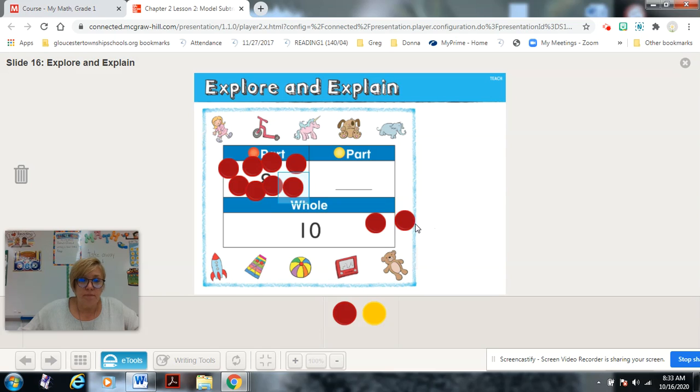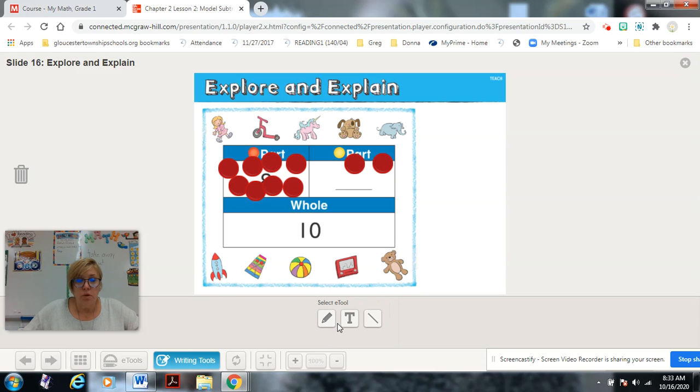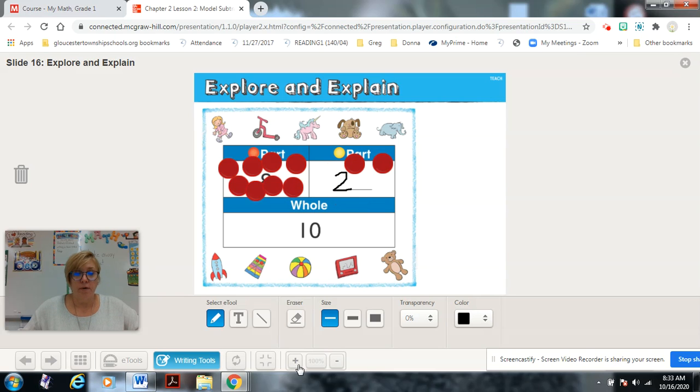Well, let's move these up here to the other part, the missing part, and then count. 1, 2. So there are two toys that remain in the toy box, and you can print the number 2 right here.